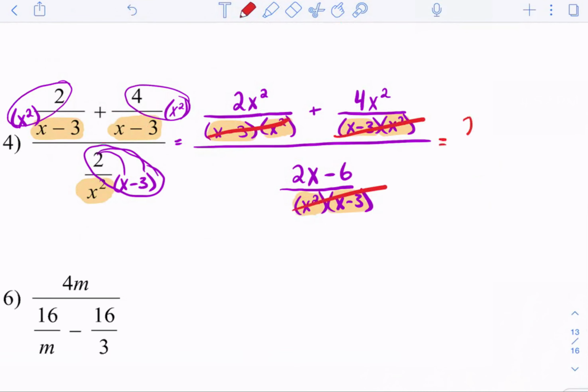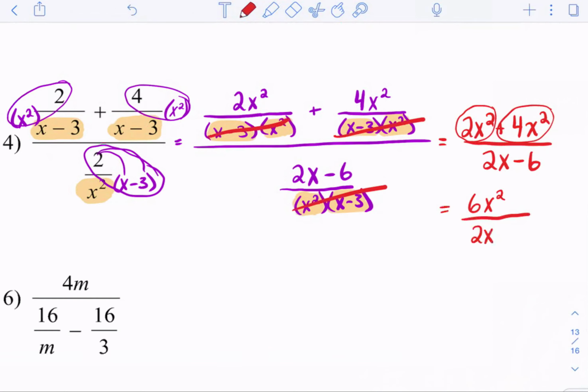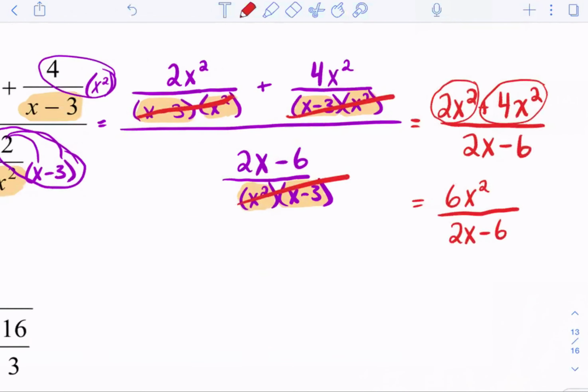And I'm left with 2x squared plus 4x squared over 2x minus 6. 2x squared plus 4x squared equals 6x squared, because these are like terms, over 2x minus 6.